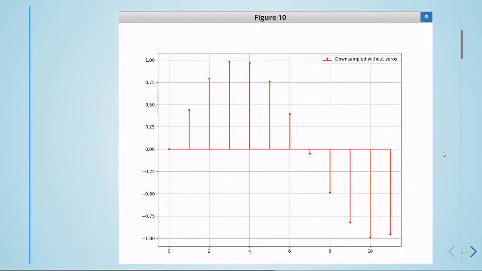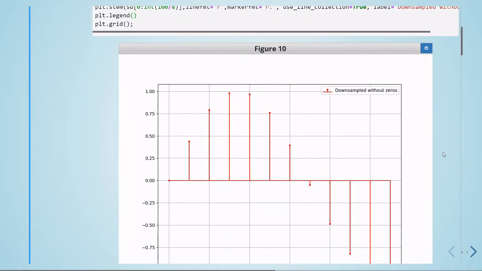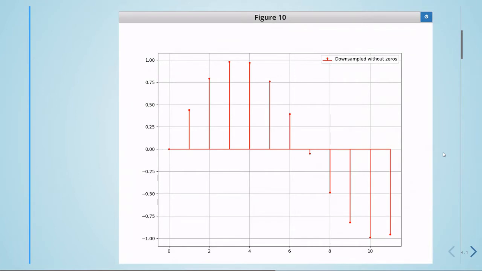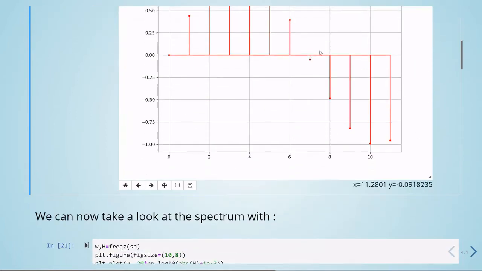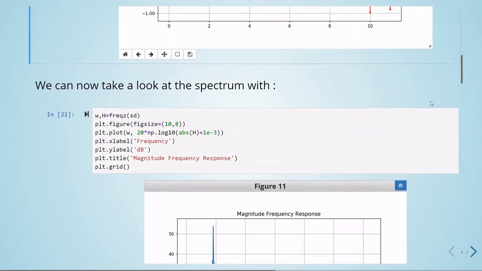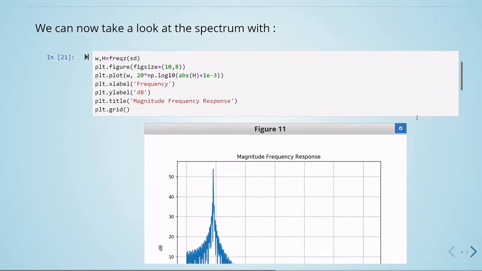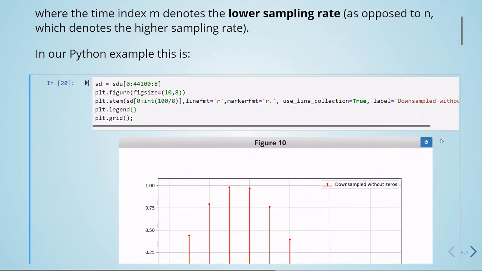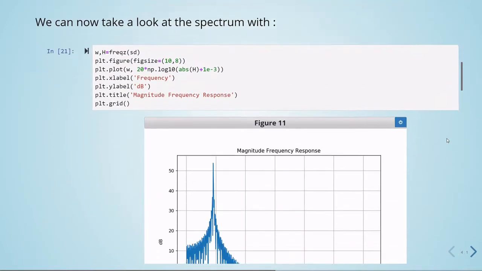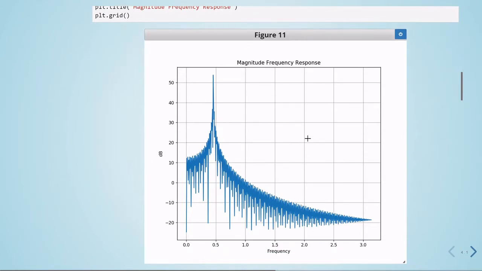This is the downsampled signal without the zeros, and we see that before we were plotting 100 samples, but now when we remove the zeros, we are left with 12 samples from n equals 0 until n equals 11. And if we take a look at the spectrum without the zeros, we're calling it ST, with the zeros removed, we have this spectrum here.